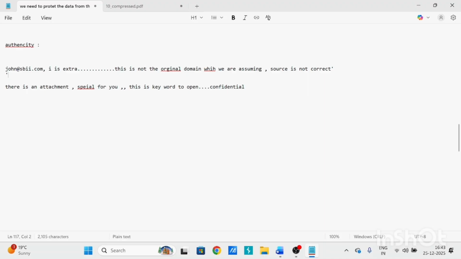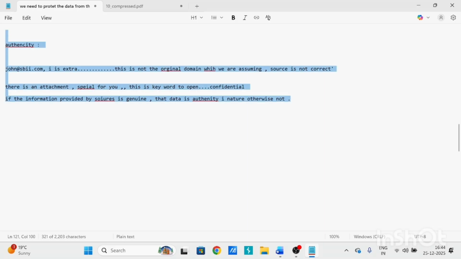If I summarize, if the information provided by the source is genuine, that data is authentic in nature. Otherwise, not. This is called authenticity.